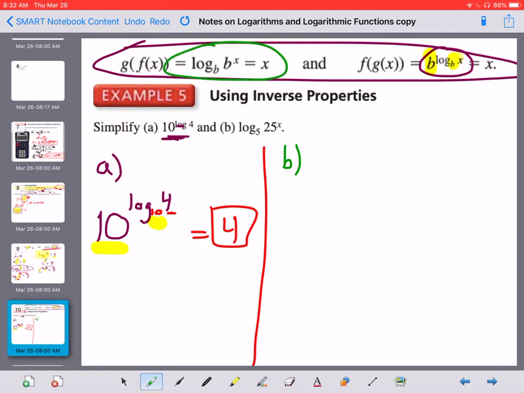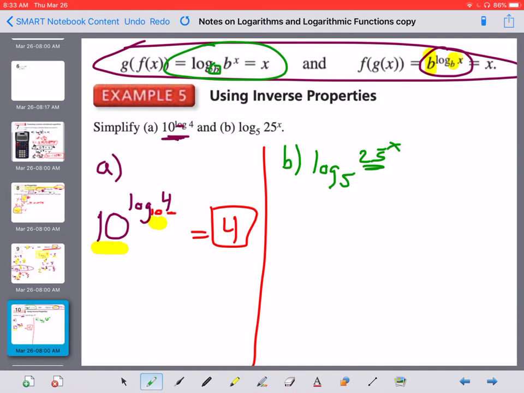So we got log of 5, so that little b is the 5 here. But that number 25 is not the same, right? Because it should be the same. This should be a 5, okay?